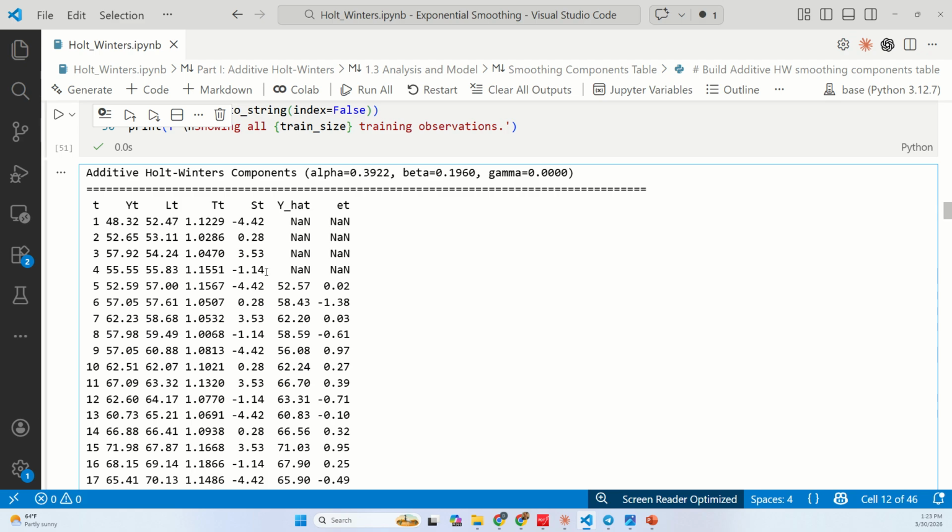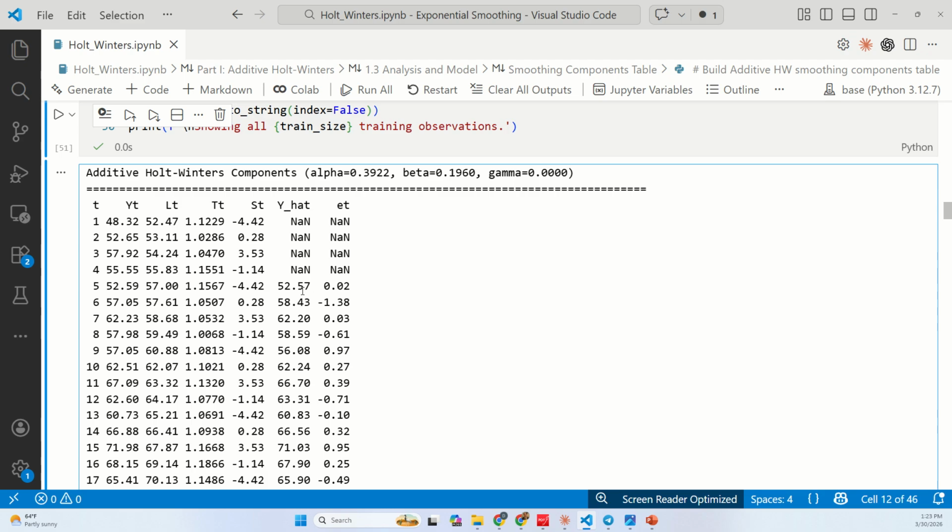I cannot use this one because it is of the 4th quarter, but period 5 is quarter 1, so it doesn't make sense to mix the quarters. You have to go back all the way to the previous Q1 that was computed, which is this one. This is the one used in this forecast. So for L and T, you use the previous one, but for the seasonal, you need to use the previous seasonal value computed in the previous cycle, not in the period right before.